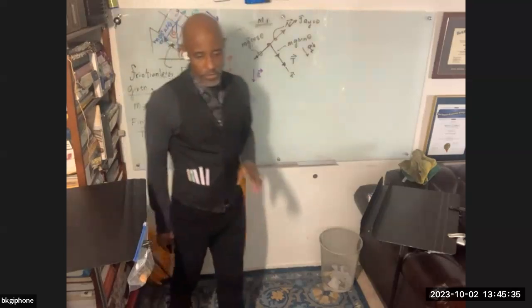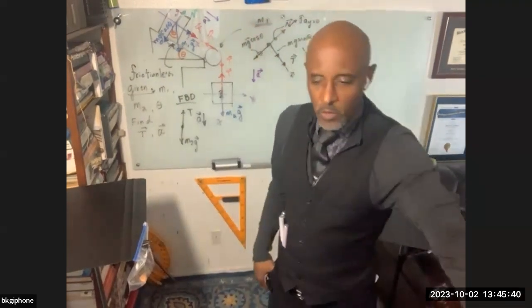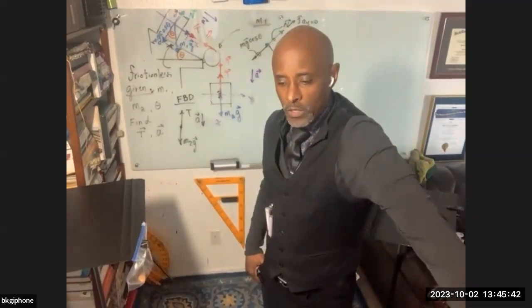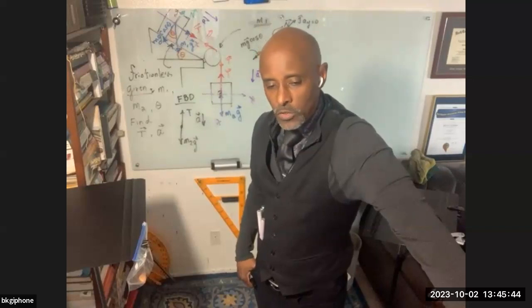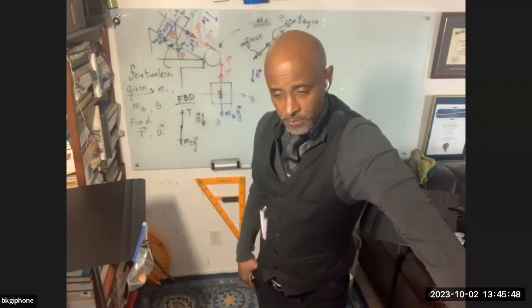Now, I said this earlier, I'll say it again. In general, with physics, whenever you set up your coordinate system, the idea is that you want to have one of your coordinate directions parallel to the acceleration of the system.